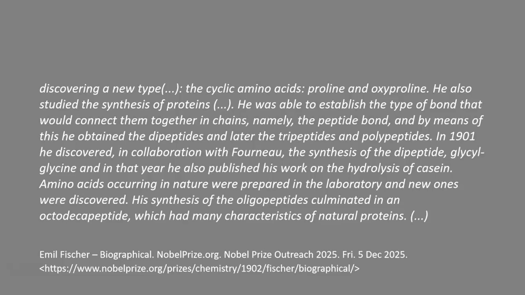In 1901 he discovered, in collaboration with Fourneau, the synthesis of the dipeptide glycine and in that year he also published his work on the hydrolysis of casein. Amino acids occurring in nature were prepared in the laboratory and new ones were discovered. His synthesis of the oligopeptides culminated in an octadecapeptide which had many characteristics of natural proteins.